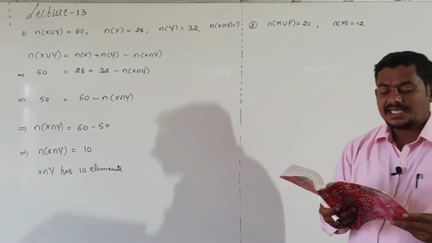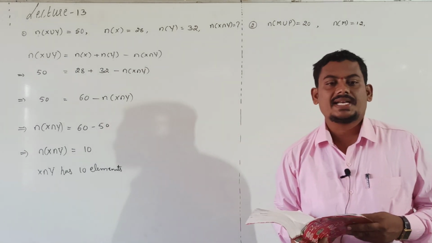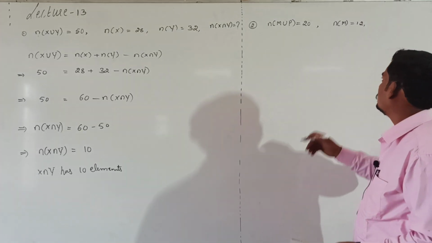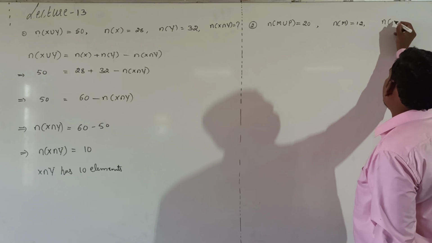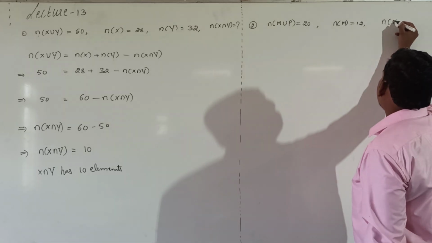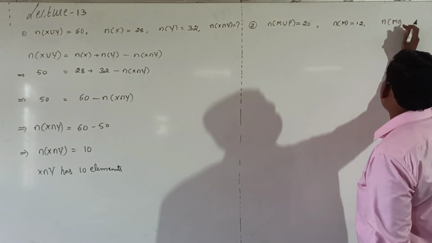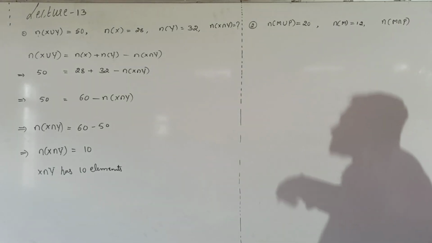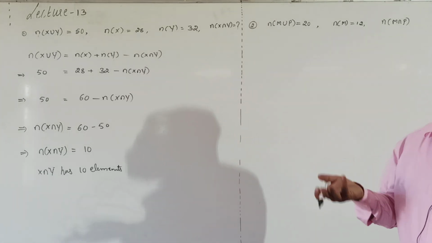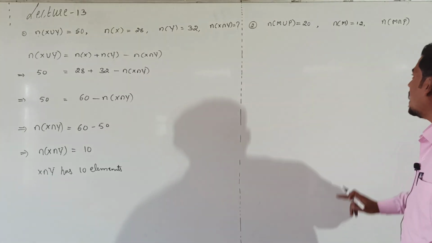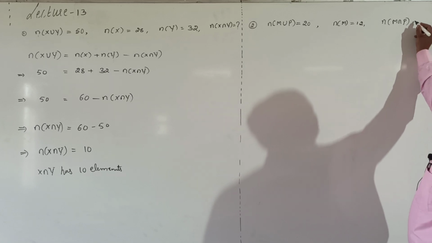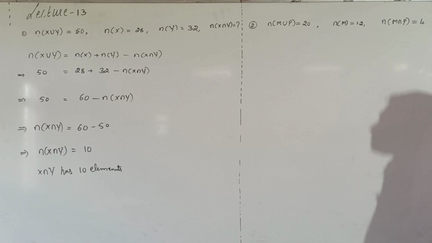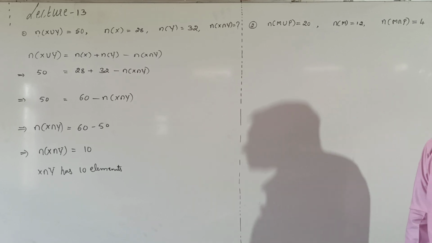And 4 teach both physics and mathematics; in sets, 'and' means intersection. n of M intersection P is equal to 4, where M stands for mathematics and P stands for physics. 4 teachers teach both mathematics and physics.